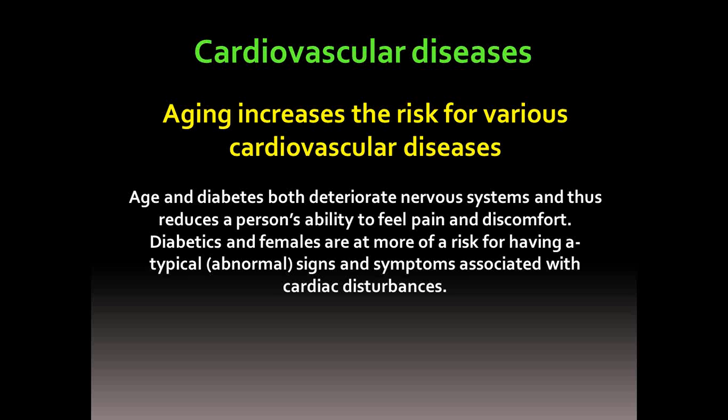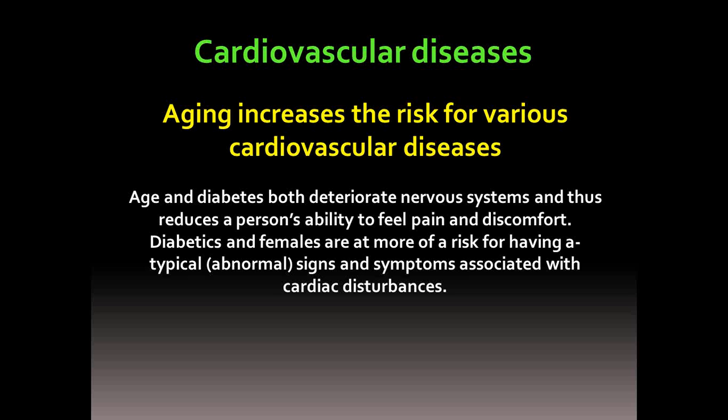Diabetics, because of the process of the diabetic disease on the nervous system, oftentimes will have diminished or different pain with their MIs. And like we talked about, the elderly, the same. So if you have an elderly diabetic female, really not hardly any chance at all that she's going to have typical chest pain if she's having a cardiovascular incident.